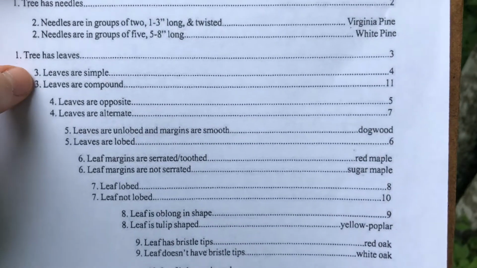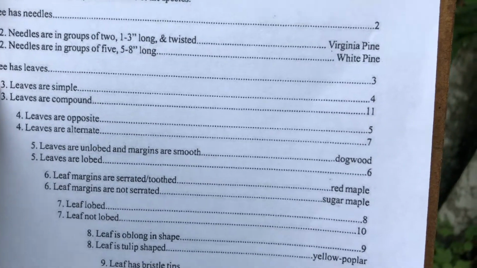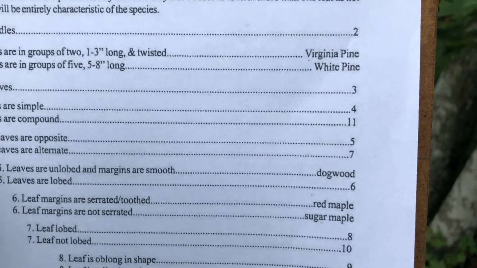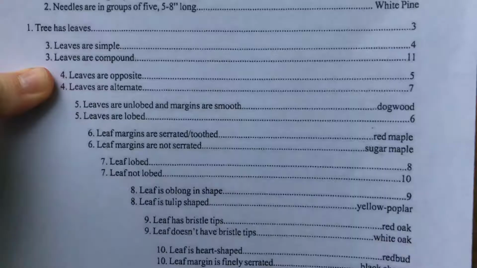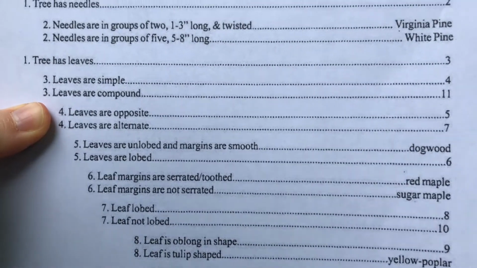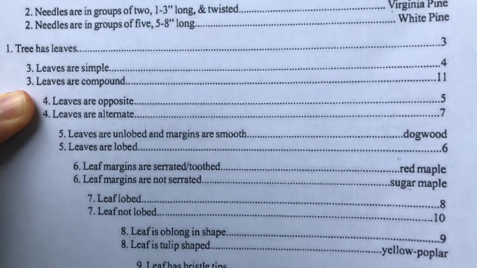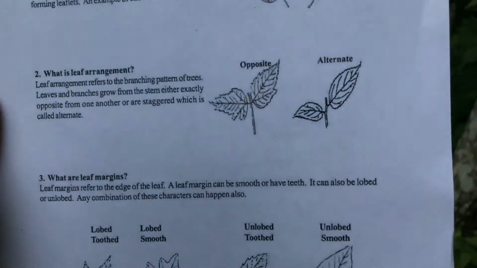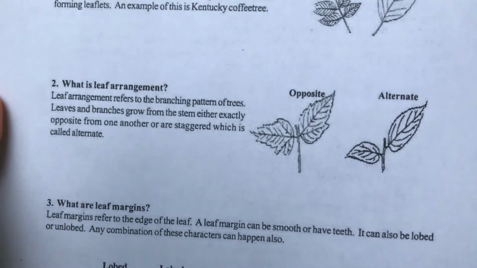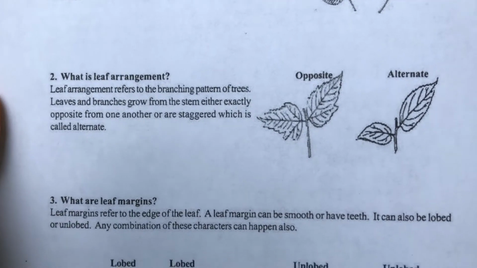So, now that we know that the leaves are simple, we follow the dotted line out, and it says to go to number 4. So the next question is, are the leaves opposite or are the leaves alternate? And again, there is an explanation of this in an illustration on the back page.